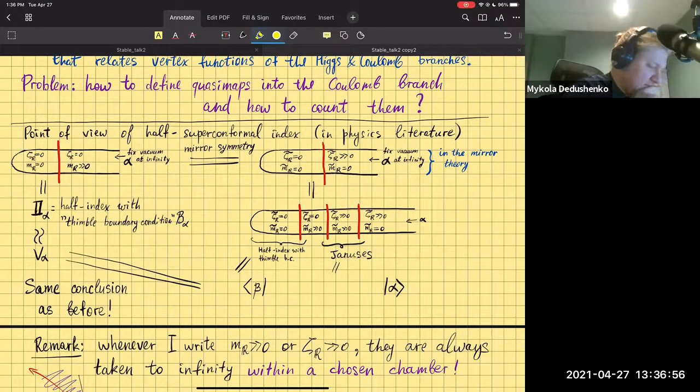Namely, if you look at this from the superconformal index or half-index point of view, you really look at the theory with zero mass and FI parameters, and then consider a certain boundary condition here, which is equivalent to fixing a vacuum alpha at infinity, sometimes referred to as a thimble boundary condition, or in the gauge theory context, exceptional Dirichlet.